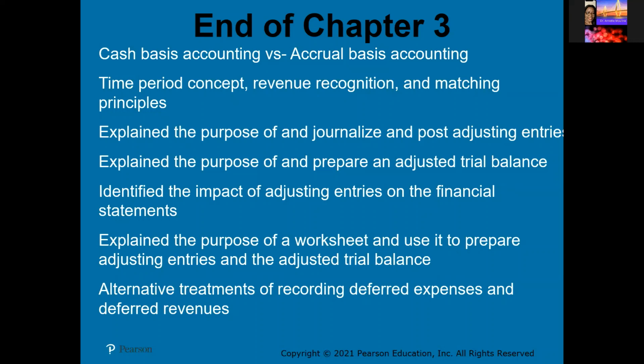We also identified the impact of adjusting entries on the financial statements, explained the purpose of a worksheet, and used it to prepare adjusting entries in the adjusted trial balance. And lastly, we discussed the alternative treatments of recording deferred expenses and deferred revenues.